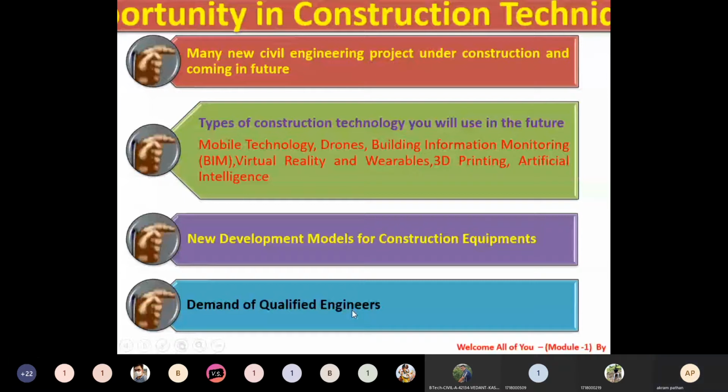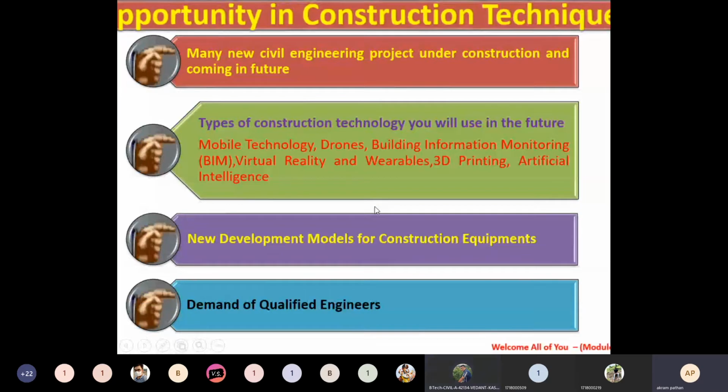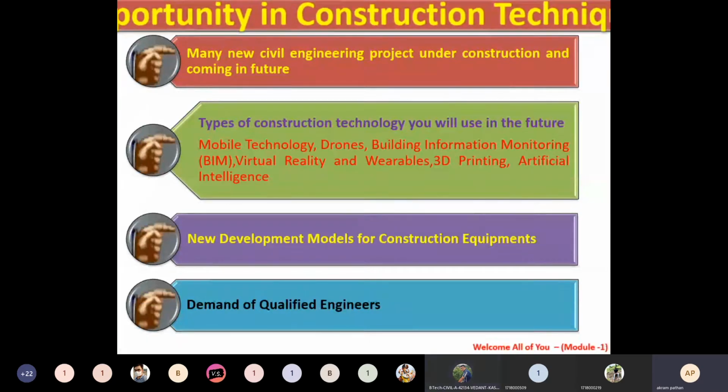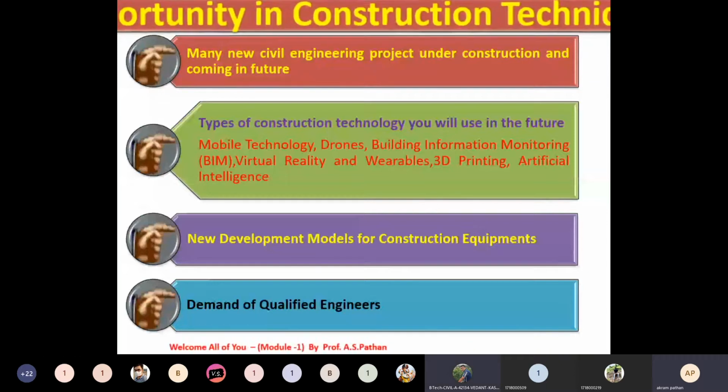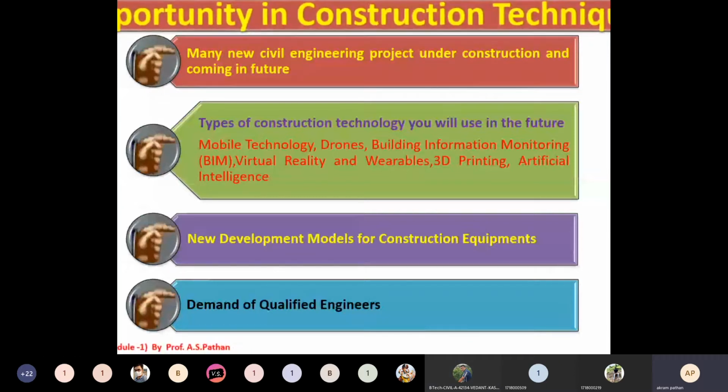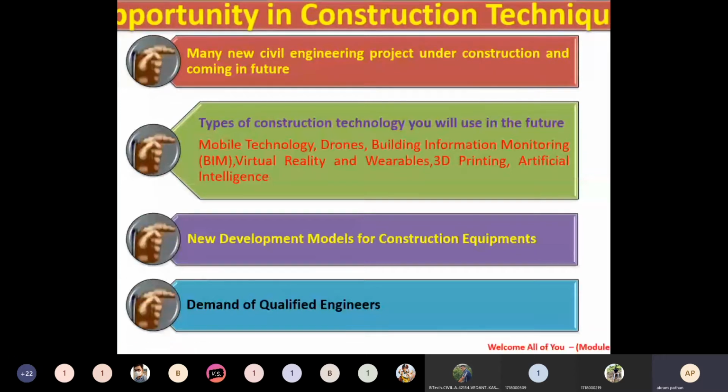Hello, yes, sir. Vedant, yes, sir. I think all of the students, in between, forget the settings for sharing and unmute. So don't play with the facility.